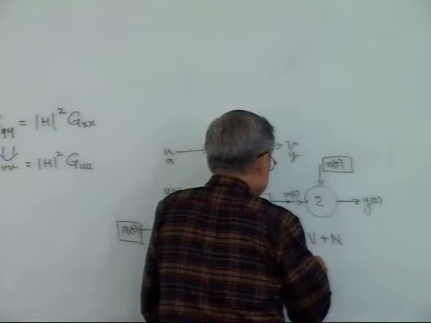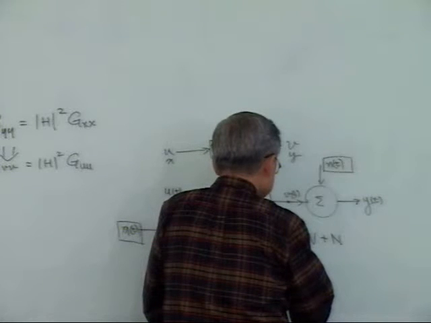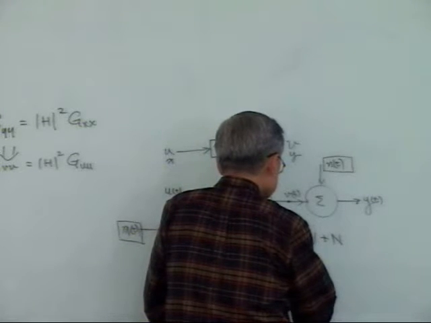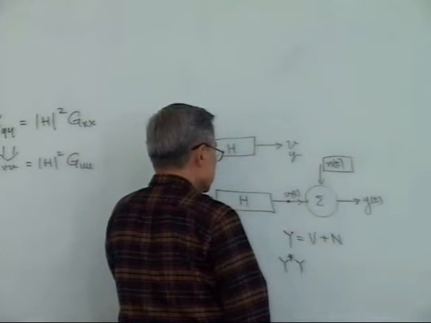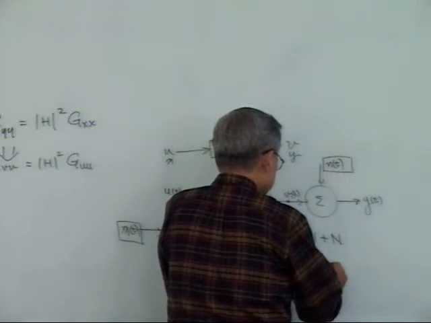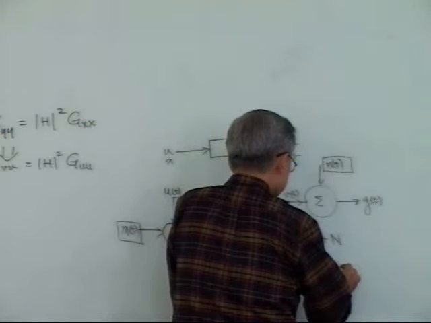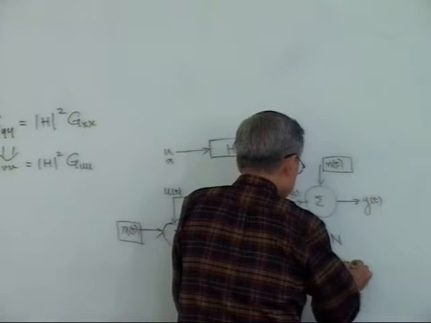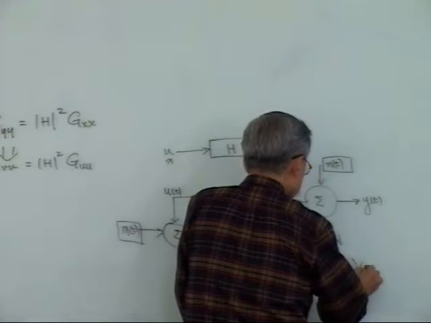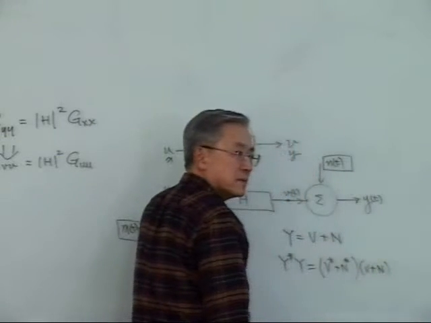And YY star is equal to V star plus N star times V plus N, right?